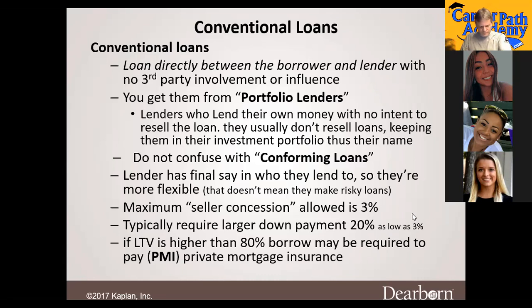Under private mortgage insurance, in the third line down, we're going to highlight: with any down payment less than 20%, a conventional loan must be accompanied by private mortgage insurance, PMI.